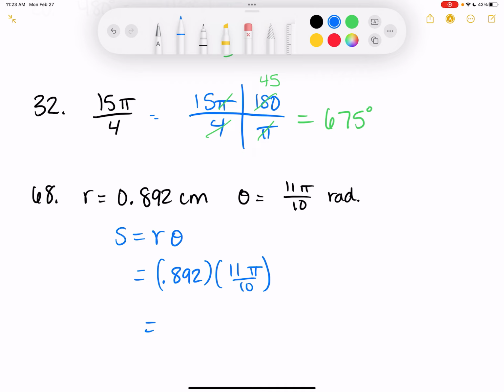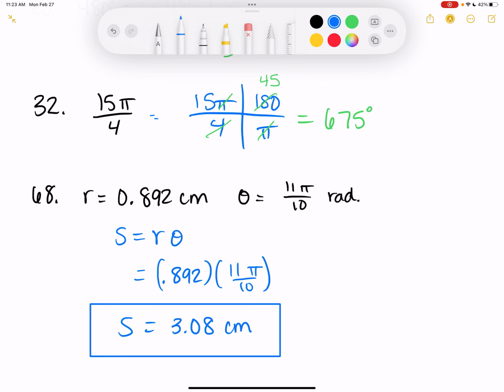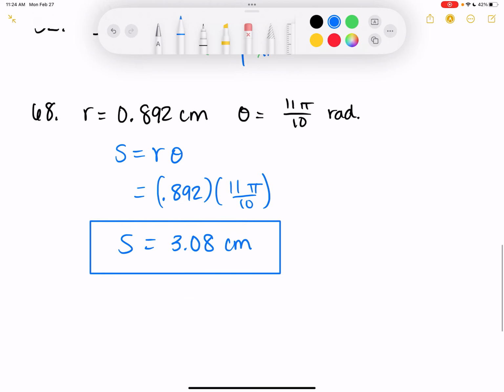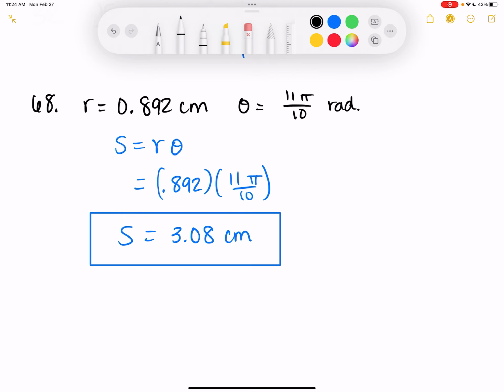Who has a calculator? 3.08. I'm gonna eat this, but it's really crumbled. I got it for Valentine's Day, but not from my Valentine, because I don't have one of those. But I got it from a friend. Your iPad's gonna die. No, it's not. It's at 42.